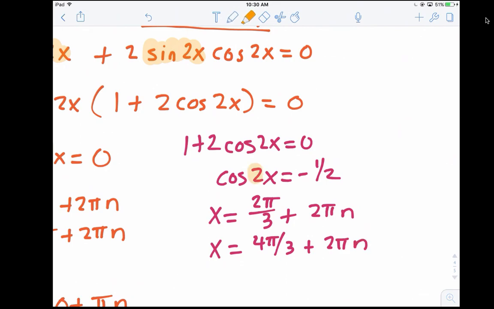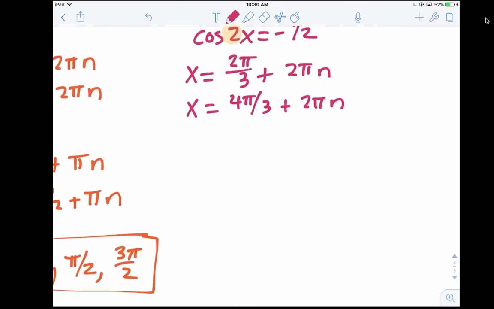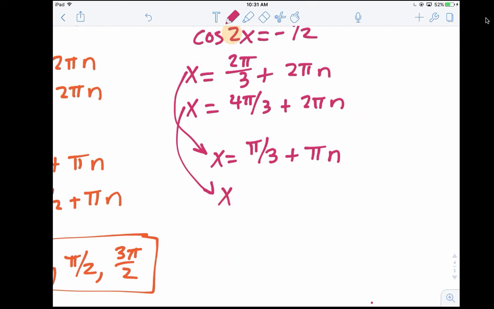And again, because you have that 2 there, you're going to take both of those general solutions and divide them now by 2. Okay, so that's x equals 2 pi over 3 divided by 2 is 1 pi over 3 plus pi n. Right, and then the other one becomes x equals 2 pi over 3 plus pi n.